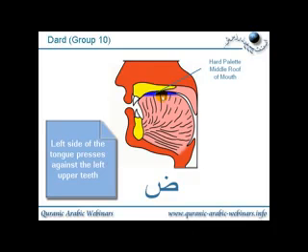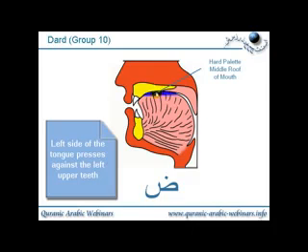So you say Dad. Now notice as well that there will be a portion of the middle part of your tongue, i.e. the middle part going through the whole length of your tongue, which will be touching the hard palate roof of the mouth as well.